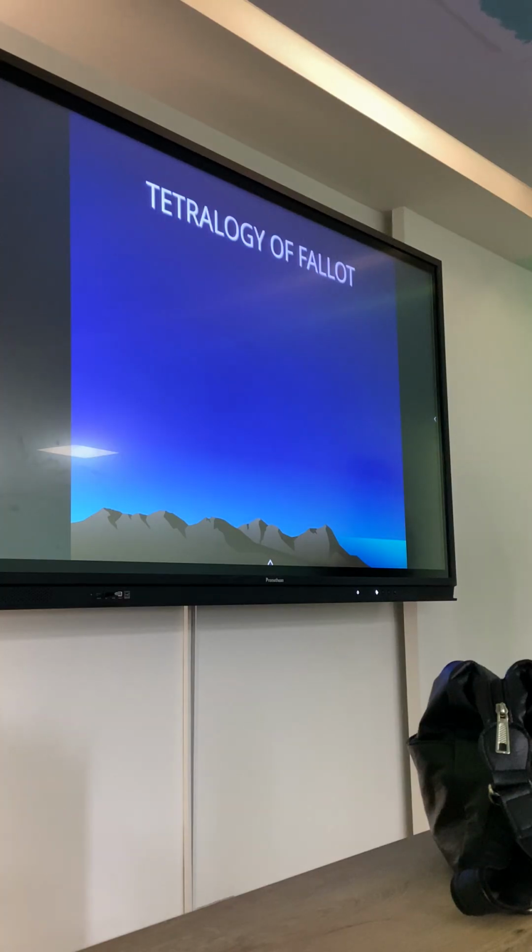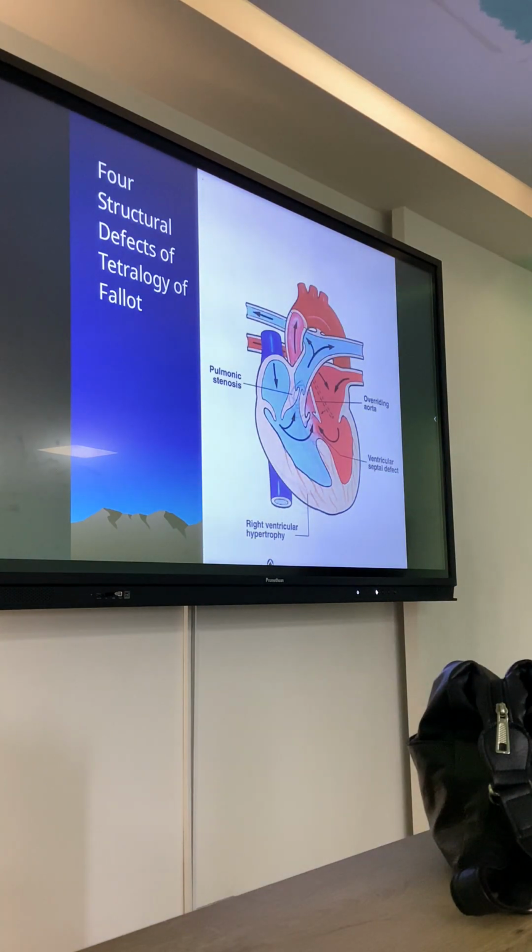Because of it, its name is tetralogy of Fallot. Okay, clear? In tetralogy of Fallot, we have 4 defects. That is final exam question. Okay, tetralogy of Fallot. We have 4 defects.